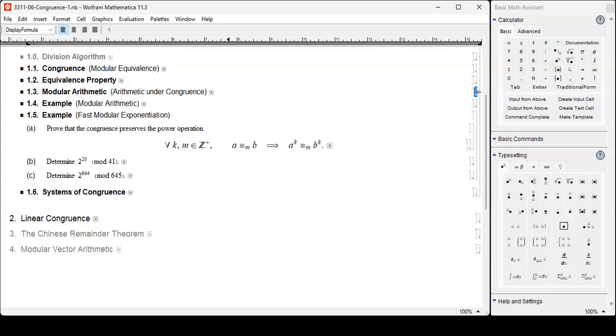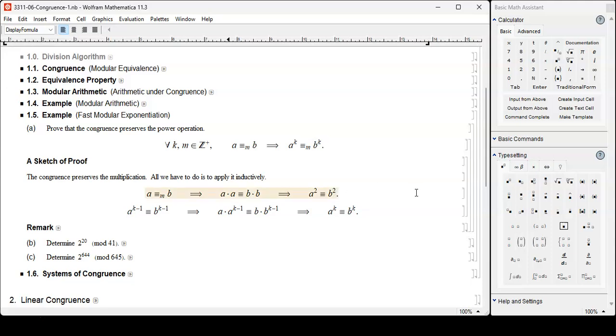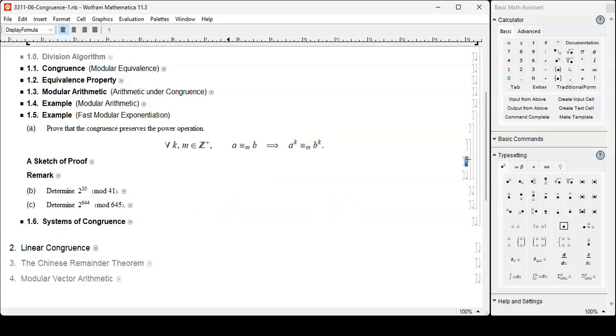Just repeat it k times, basically. The base case is just straight ahead multiplication, which we covered already in 1.3, and then apply the inductive hypothesis. That's a sketch. The detail is left to the students.